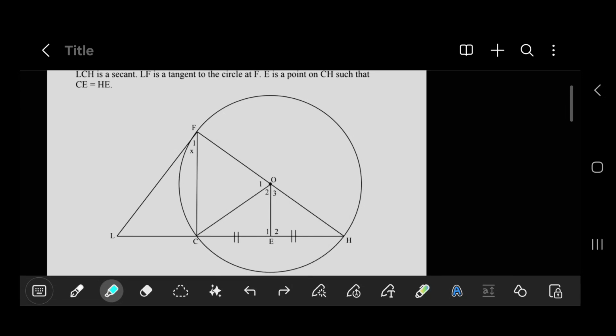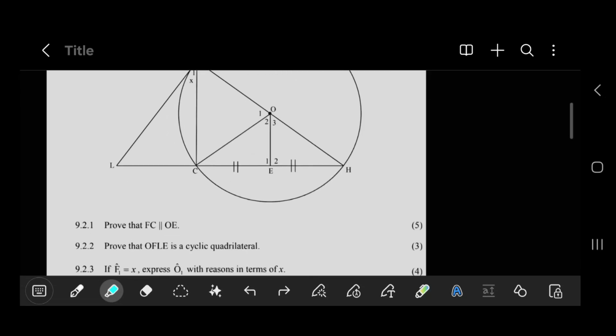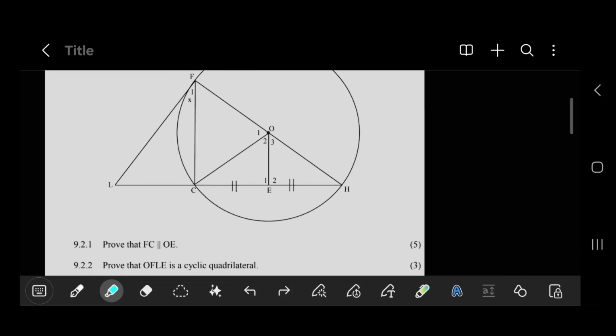Now, before I even read the question, one thing I do want to point out is that it does look like we have parallel lines, but they haven't explicitly told you that the lines are parallel, so we cannot assume. Okay? So 9.2.1, that's actually what we need to get. We need to prove that FC is parallel to OE. So here we have FC and OE, and we need to prove that these two lines are parallel to each other.